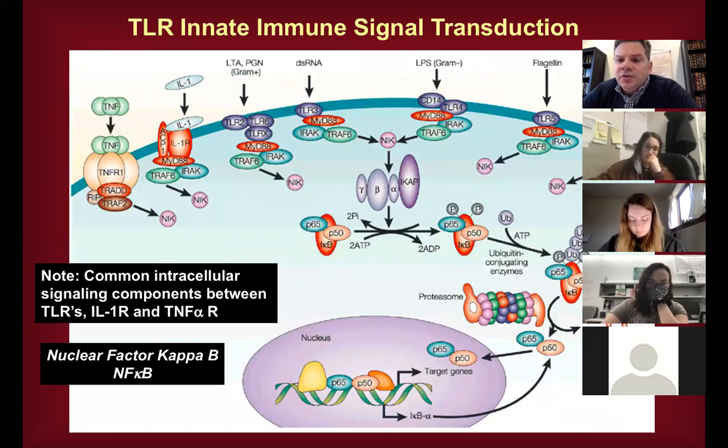And you can look at, from this slide, the connectivity to other cytokine pathways, okay? So these toll-like receptors and cytokine receptors actually look a lot alike, especially in their downstream signaling. Now, when I went to college, all you ever heard about was the PKA cyclic AMP kinase pathway.